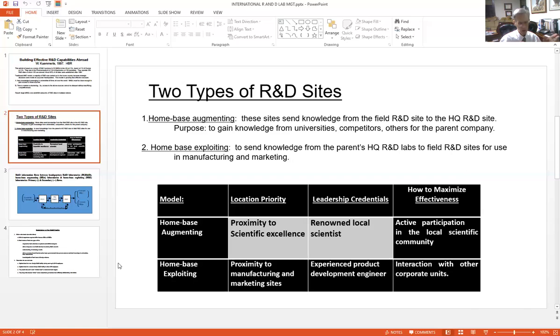In this case, that engineer and the staff are exploiting the resources that are available from headquarters. They gain access to and deploy all that knowledge and all that technology. So it's a home-based exploiting lab.